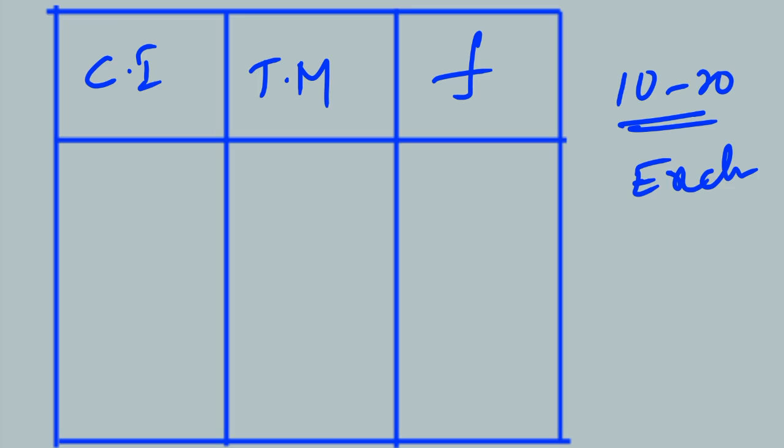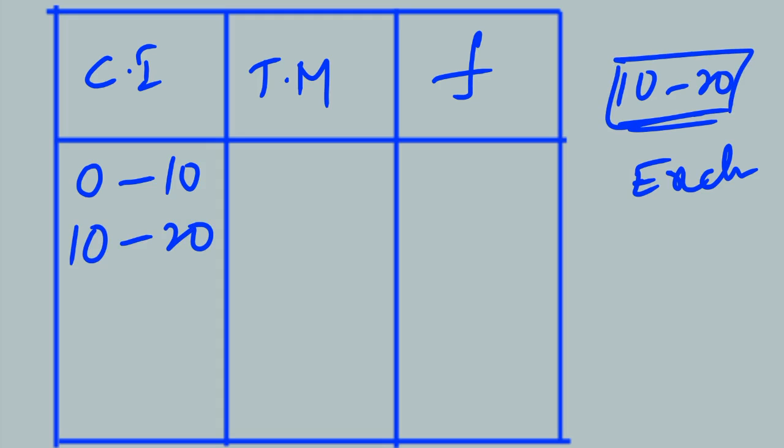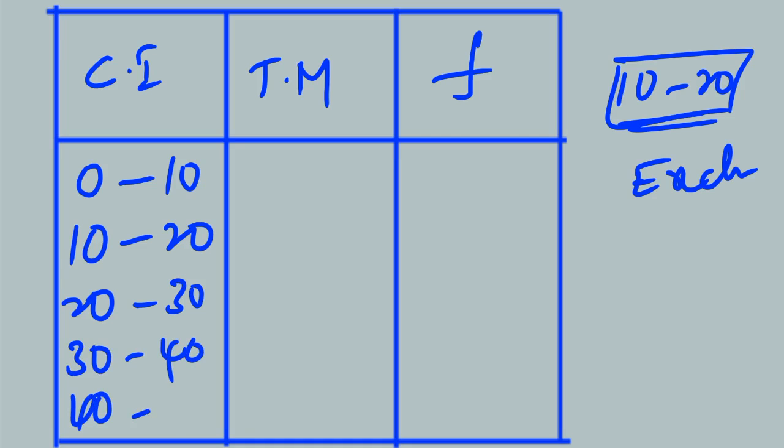According to the given class interval, we start with 0 to 10. Exclusive, they said, so the second interval starts with 10. So 10 to 20 is covered. From here onwards 20 to 30, 30 to 40, 40 to 50, because it is 50 marks. So minimum value 0 and maximum value 50, both are covered here.